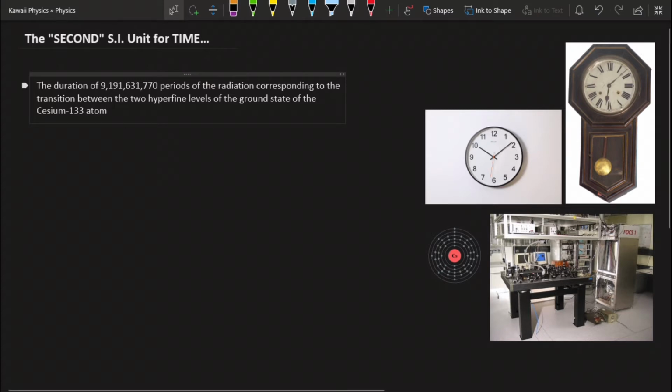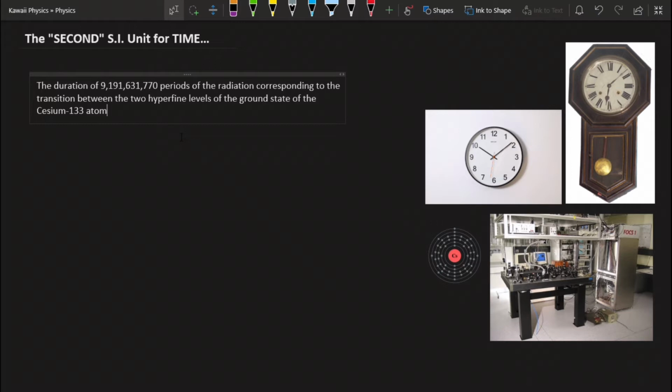About how many times? Let's say roughly 9 billion times. So 1 second is equal to 9 billion vibrations of the cesium-133 atom.